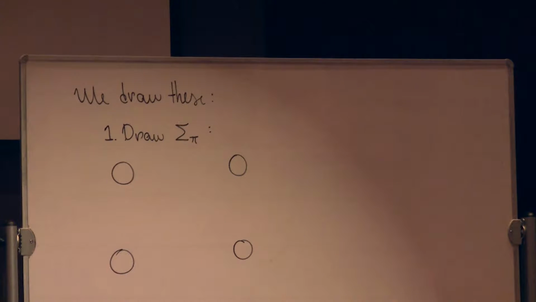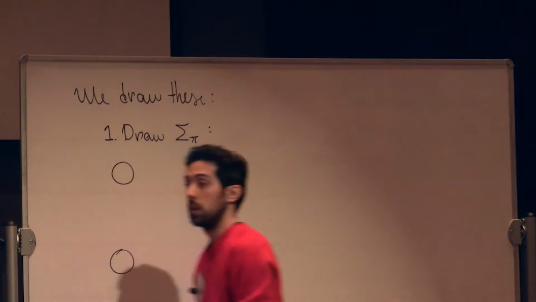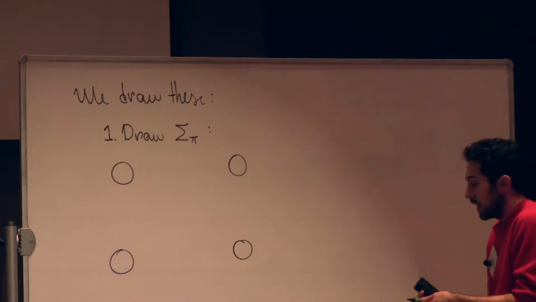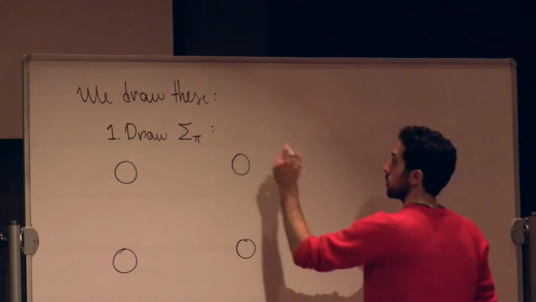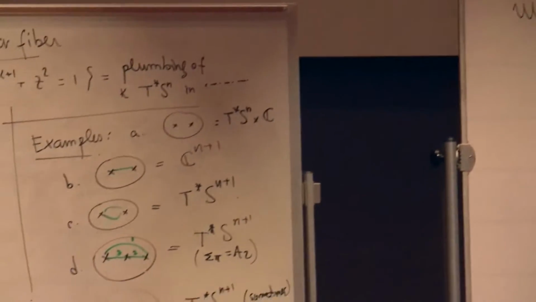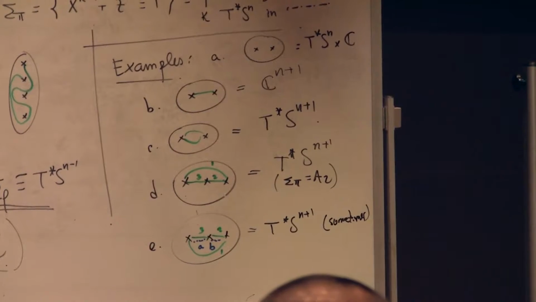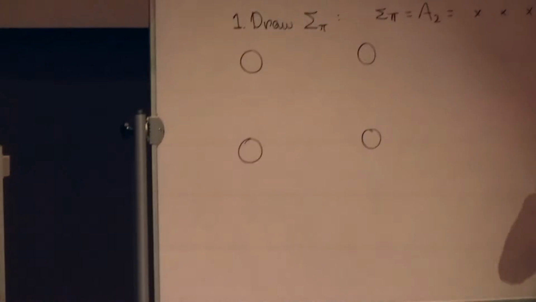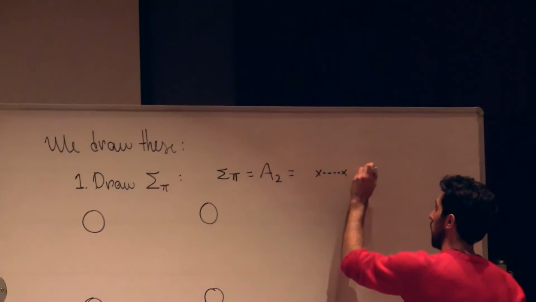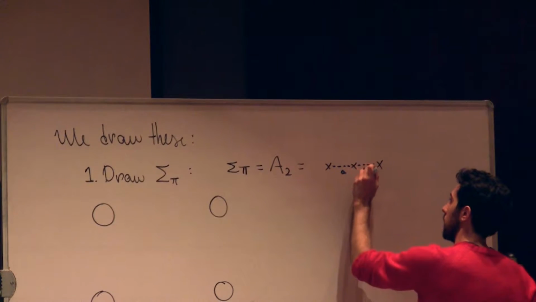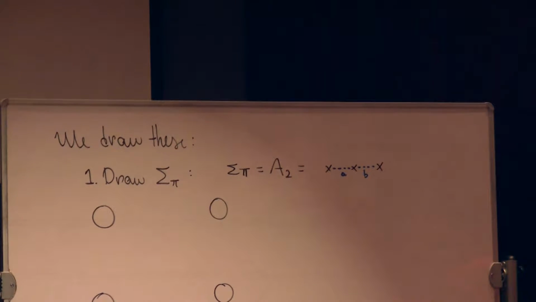Great. So let's give names to things, though. This first guy in here, let's call it A, and this, let's call it B. I'm just saying that this is a basis for the Lefschetz fibration. So you have sigma pi equals A2, and Lefschetz fibration is this one, and I'm just creating a basis for the homology. So that's A, and that's B. Okay? That's just the basis.